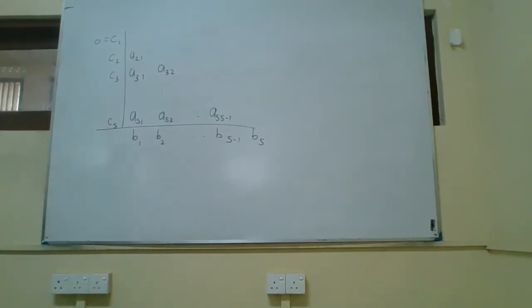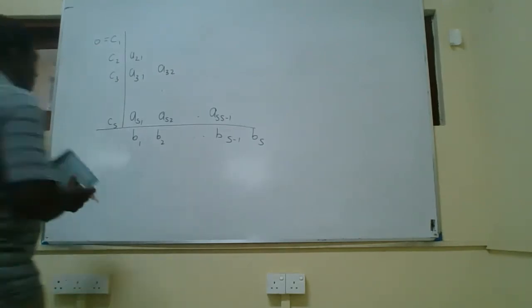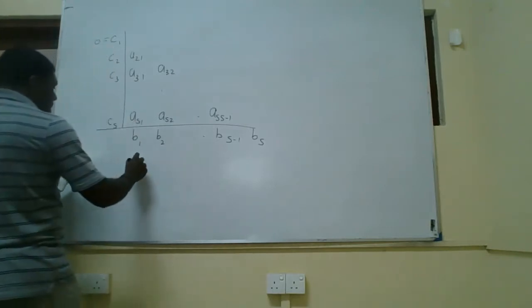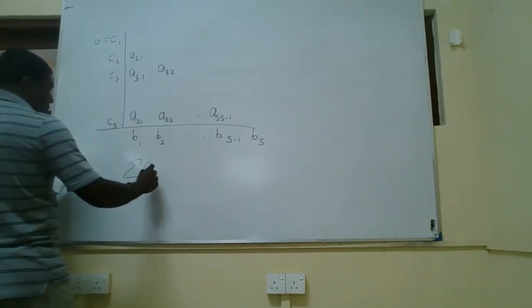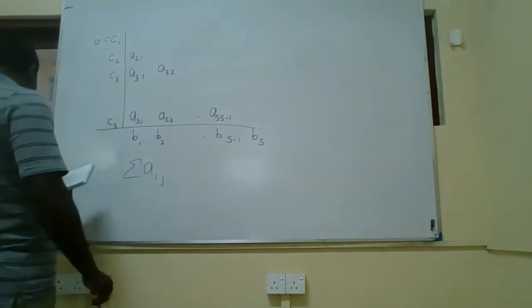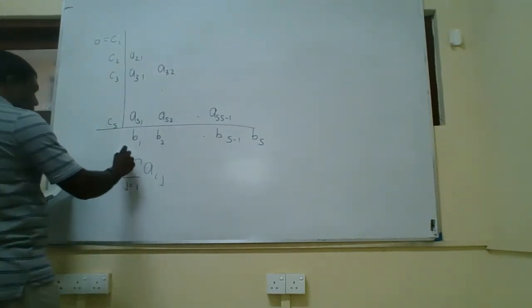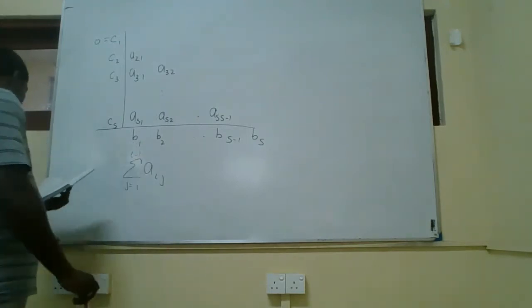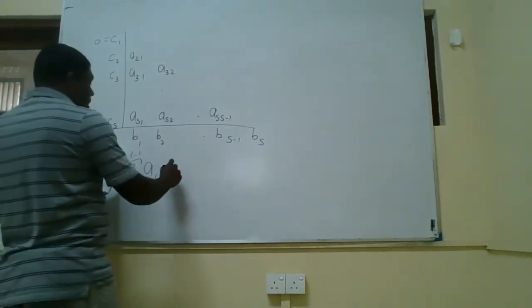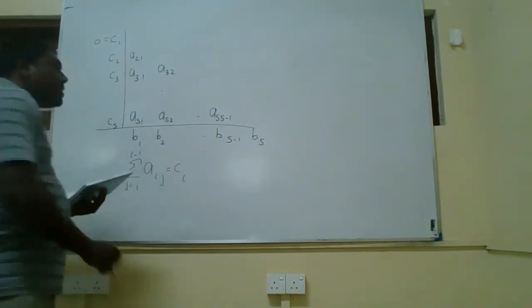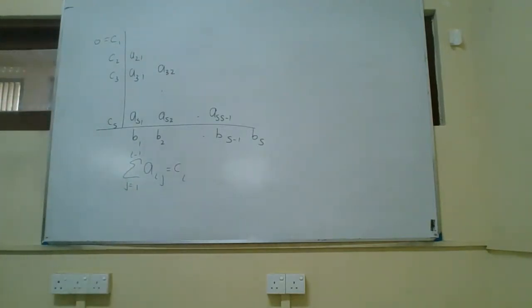And in particular, we see that the summation of aij, j running from 1 to i minus 1, is basically set as ci in general, right?